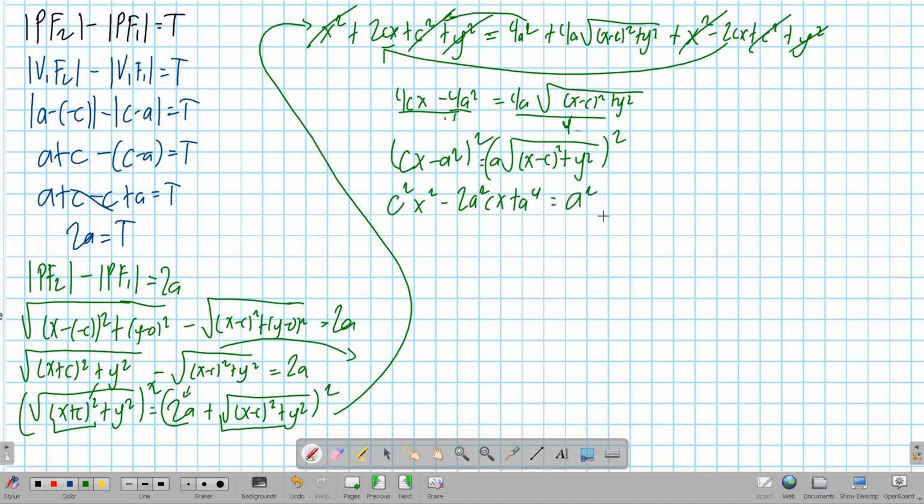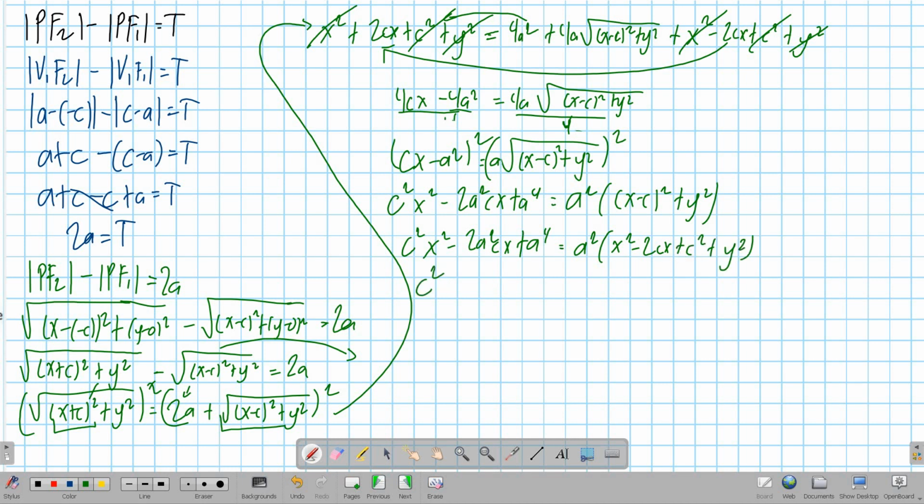This becomes now a squared times x minus c squared plus y squared when we remove the radical sign. Before we distribute a squared, let's expand x minus c squared. So the left side remains the same. Let's just rewrite that. There you go. Now it becomes a squared times x squared minus 2cx plus c squared plus y squared.